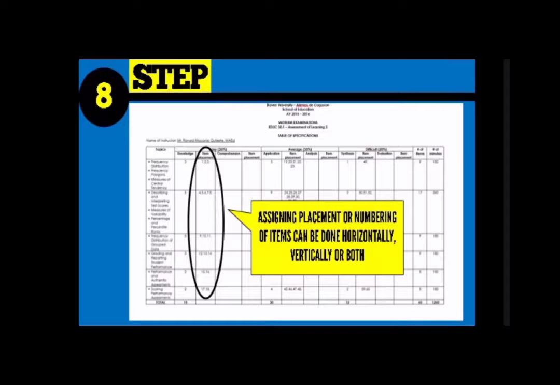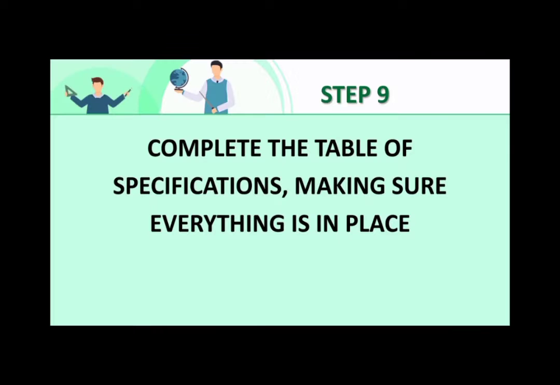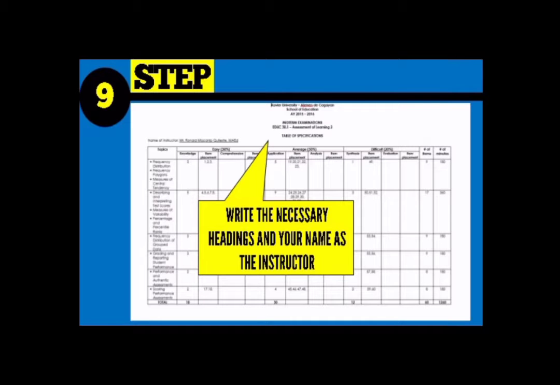Assigning placement or numbering of items can be done horizontally, vertically, or both. The bottom line is the ending number should correspond to your total number of items. Step 9. Complete the table of specifications, making sure everything is in place. Write the necessary headings and your name as the instructor.